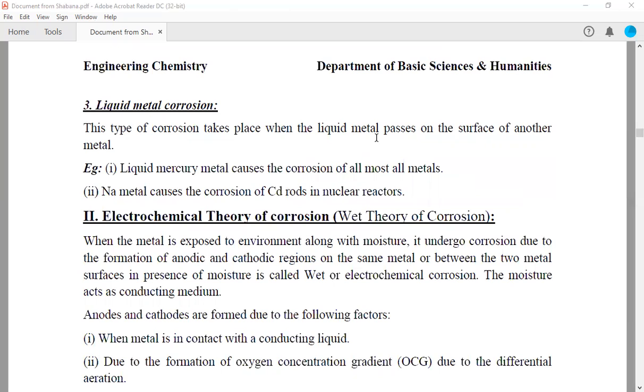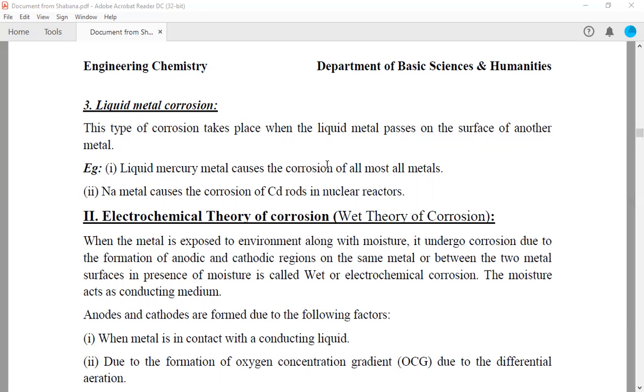The reason for the corrosion is the dissolution of the solid metal by the liquid metal, or internal penetration of the liquid metal into the solid metal, weakening the solid metal and causing corrosion. The best example for this is liquid mercury metal.